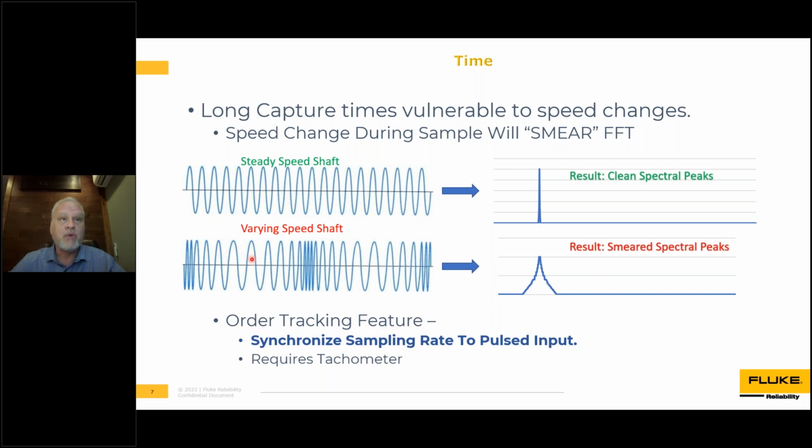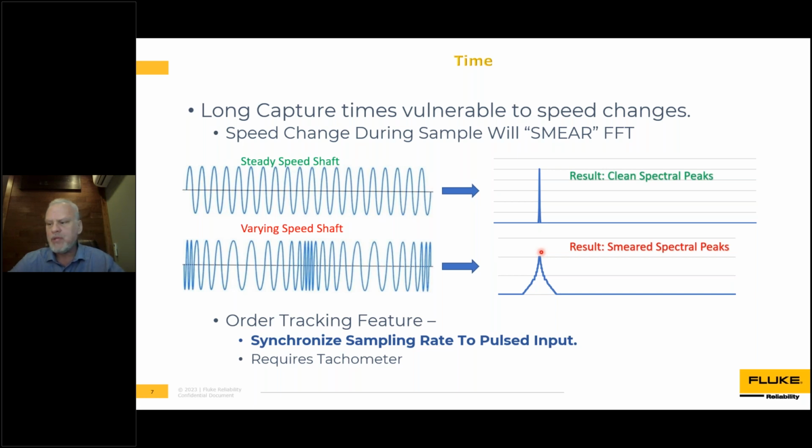And if the machine were varying speed up and down, for example, we might get something like a frequency modulation, or any sort of speed change during the data collection set is going to give you a smeared spectrum. And that oftentimes will make the spectrum unusable, unable to diagnose specific faults. And so again, any speed change during data collection is a problem.